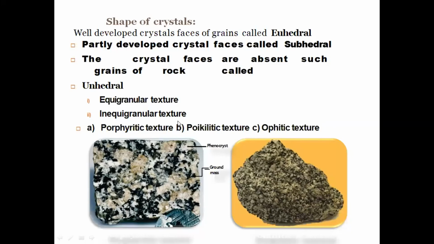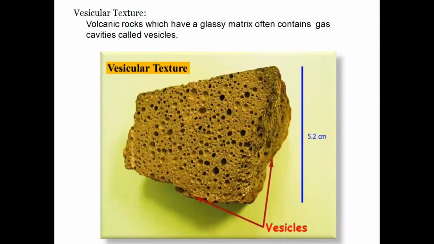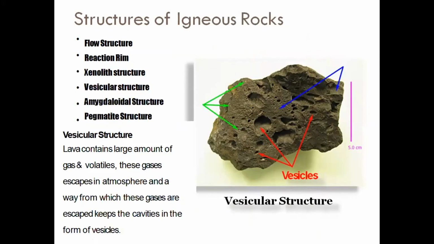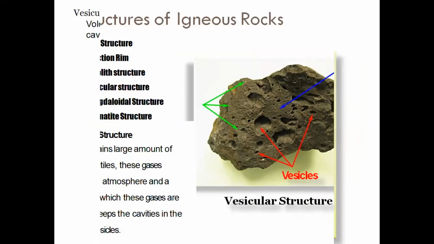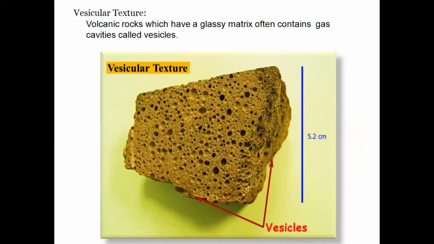So that is just the texture terms, and we will continue tomorrow to study the details of different textures like the vesicular, amygdaloidal, and pegmatite texture. The terminology is just like you need to remember the terms.